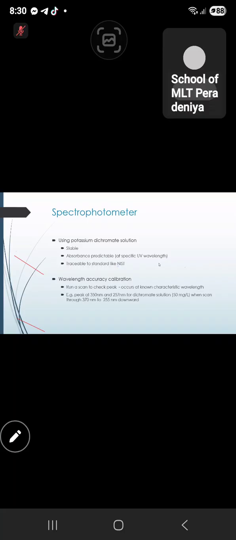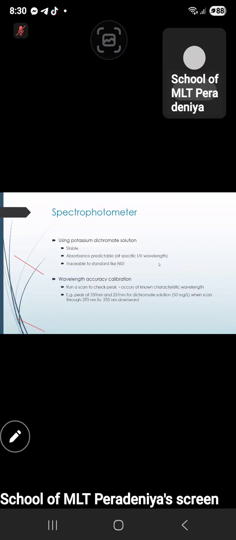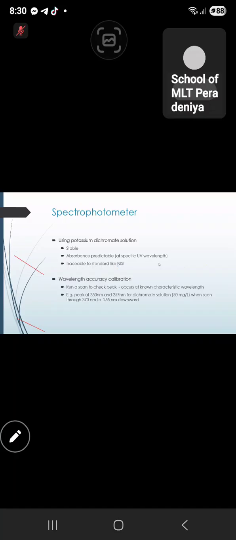So the first thing we check in the spectrophotometer calibration is wavelength accuracy. It is like this.